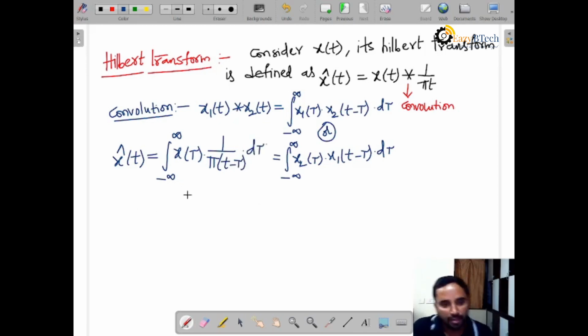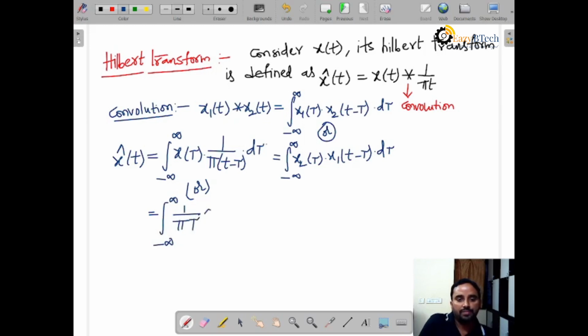And we can also write in this way: integral from minus infinity to plus infinity of 1 by pi tau into x of t minus tau d tau.